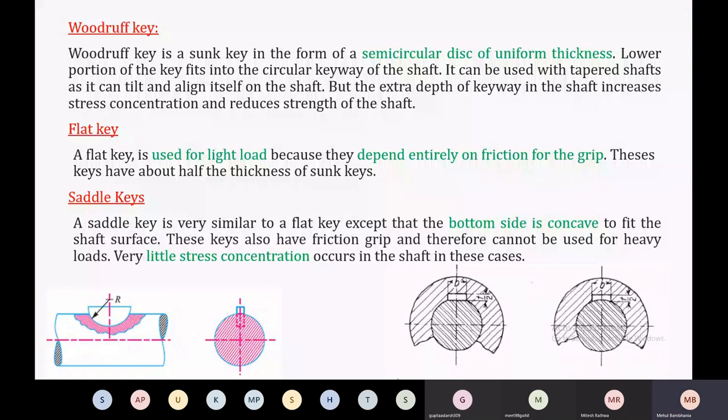The next are the flat key and saddle key. These two are almost similar.